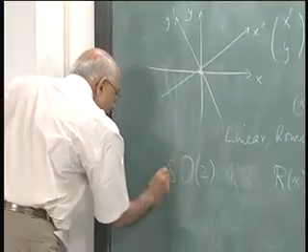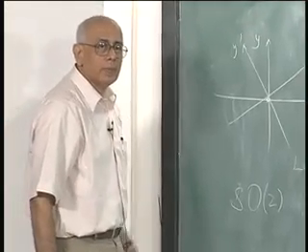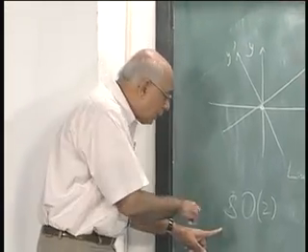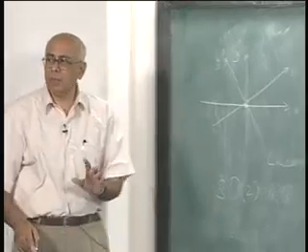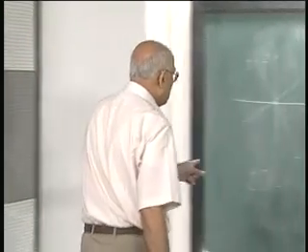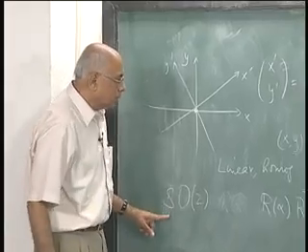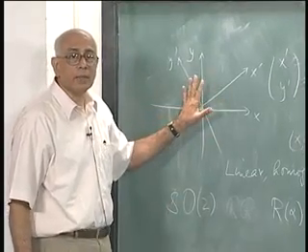If however I write this, which means that this is a special orthogonal group in 2 dimensions, those matrices which have determinant plus 1, then this forms a group which is a subgroup of O2, and this set of elements is in 1-to-1 correspondence with the set of rotations, and you can form this set of elements continuously from the identity.